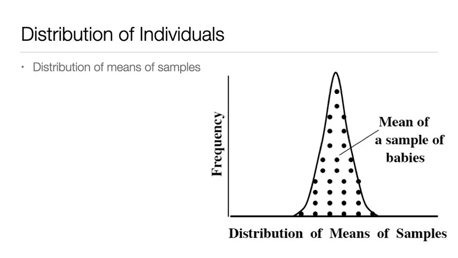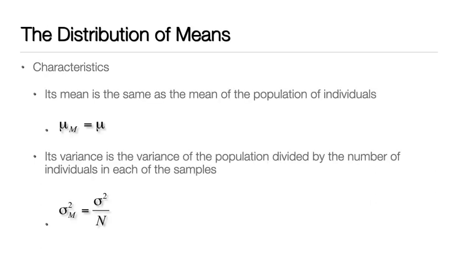What we're seeing is that the mean of our distribution of sample means will be the same as the mean of the population of individuals. But because we are dealing with statistics and not individuals, our variance and our standard deviation are going to be smaller. It's not going to have as much spread.